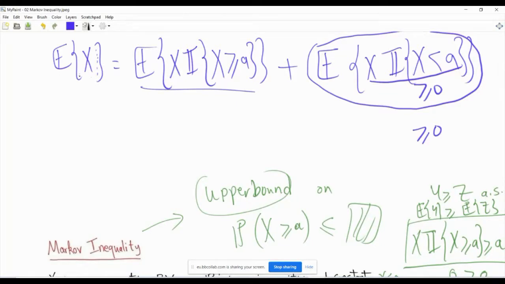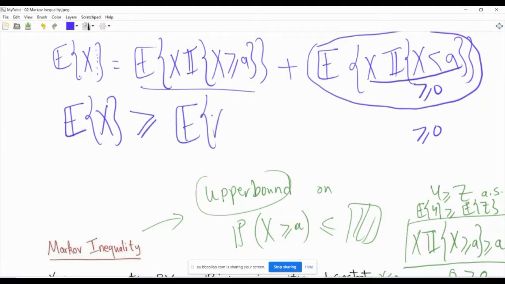So from the beginning, we know that expected x is greater than or equal to the expectation of x times the indicator that x is greater than or equal to a, right? In other words, because both terms are non-negative, it must be the case that expected x is greater than or equal to just one of these two non-negative terms, where our focus will be the first term.